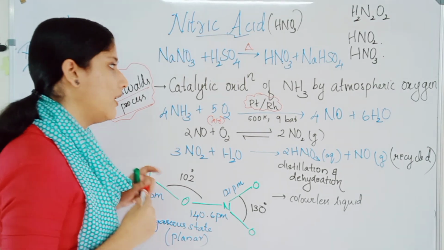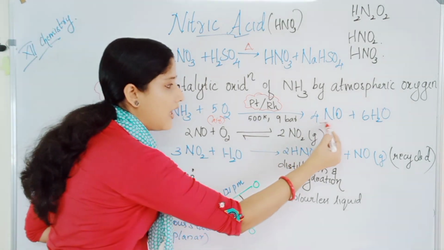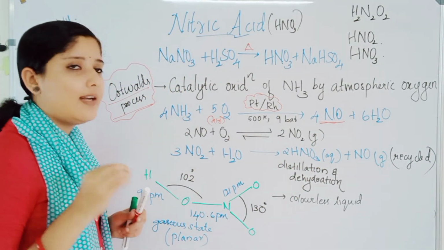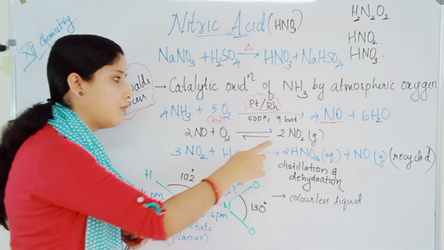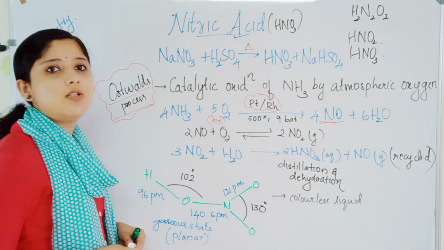Rhodium or platinum, to form nitric oxide plus H2O. That nitric oxide formed combines with oxygen to form NO2, nitrogen dioxide.